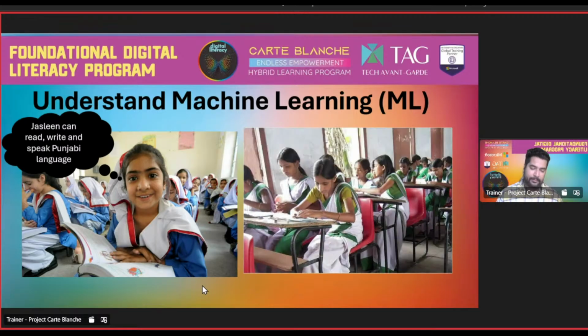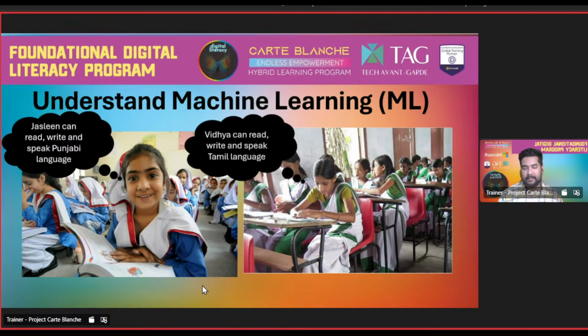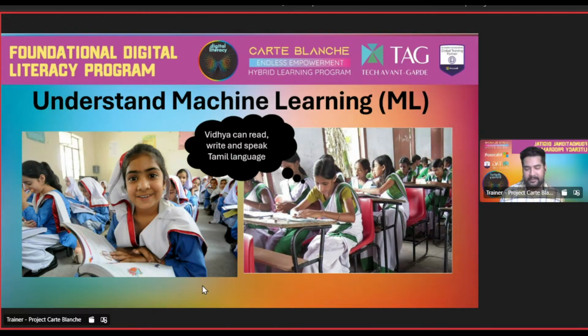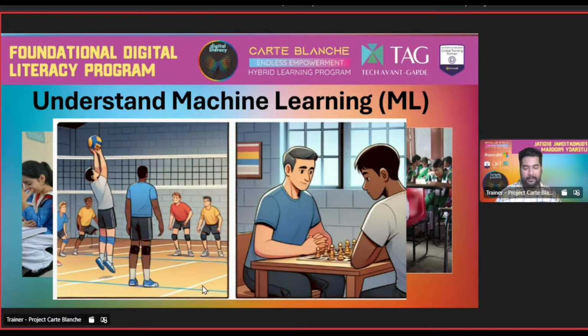And the same kind of student staying in Tamil Nadu has been trained in how to speak Tamil. But if you ask both students to communicate, it will be a difficult task for them because they have been trained only in one area. Even the same example, if you talk about a player who plays volleyball, and the sports teacher someday comes and says, can you play chess also?